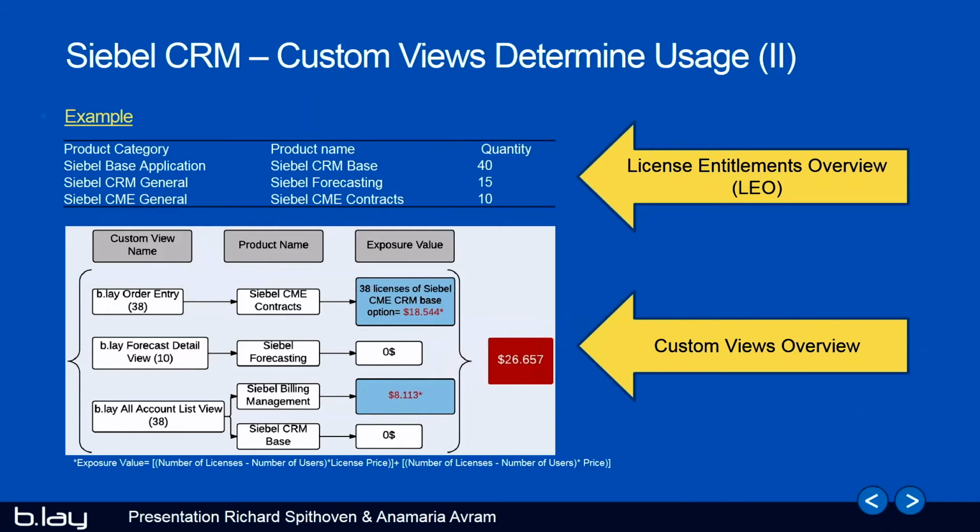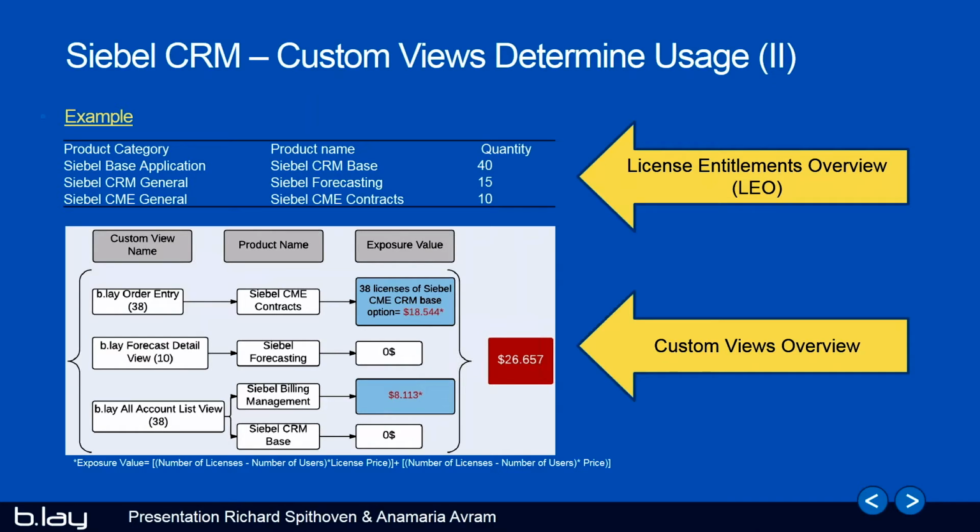Let's say that we have a list of 3 customized views. The first one is B.lay order entry. Behind this view there are 38 users, and this view was mapped to Siebel Communication Media contracts. In this situation, we'll have an exposure value around $18,000.